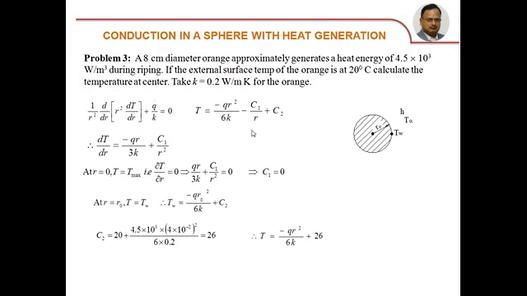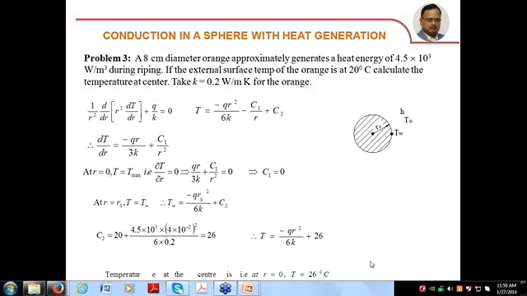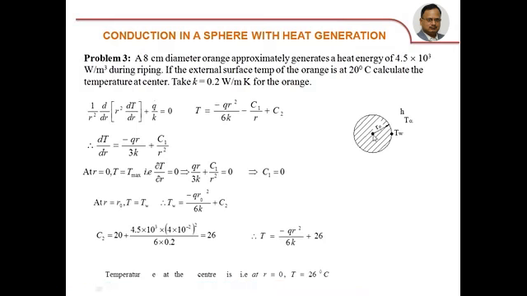So the temperature distribution equation for a sphere with internal heat generation is T equal to minus Q dot R square by 6K, C1 is 0, plus 26. Now we know that the temperature at the center is maximum, that is at R equal to 0.